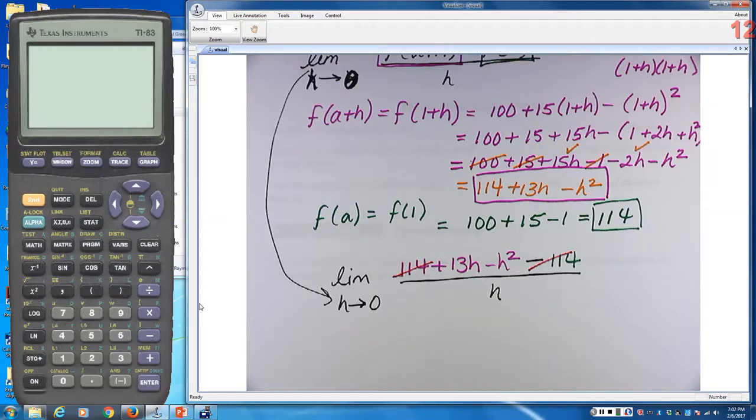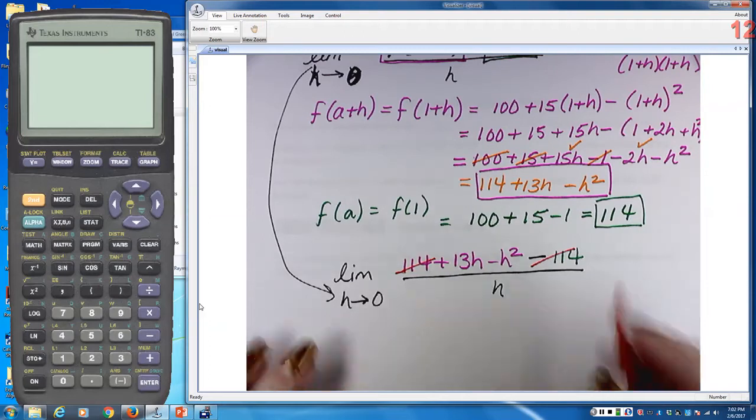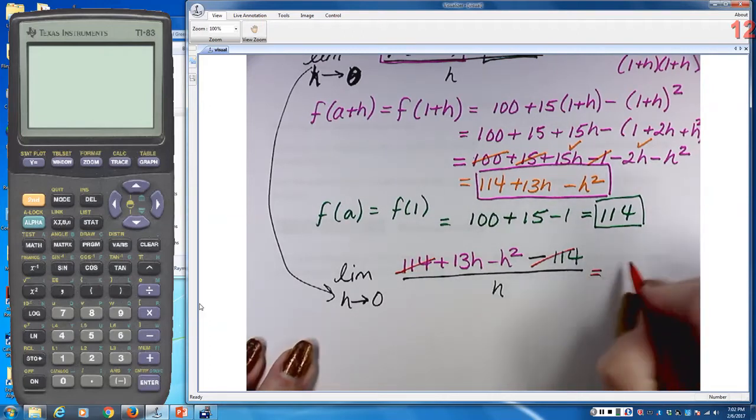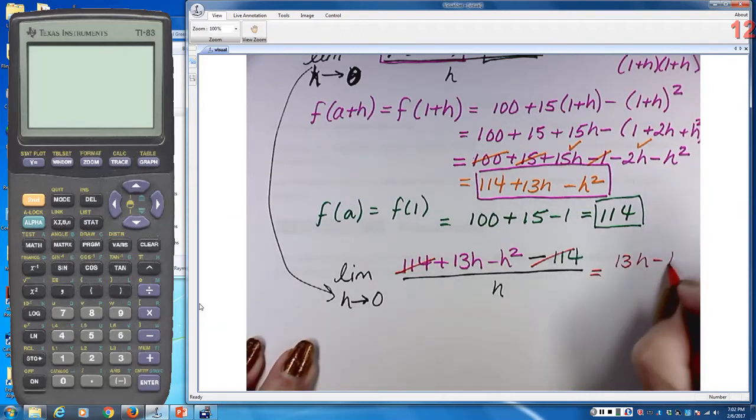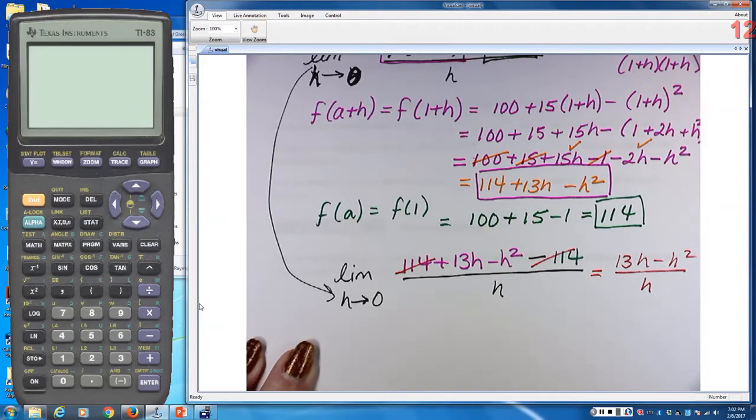The constant, whatever the function contains that doesn't have variables in it, anything that doesn't have h's in it should go away. And it does. So what I have left at this point is 13h minus h squared divided by h. And I want rid of that h because I can't do this with that h in the denominator. So what I'm going to do is factor out that h.